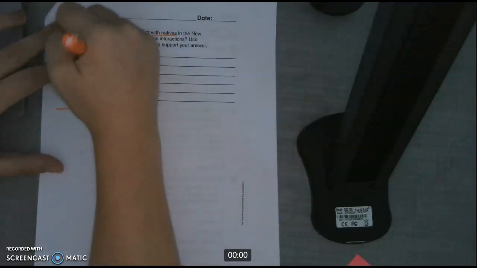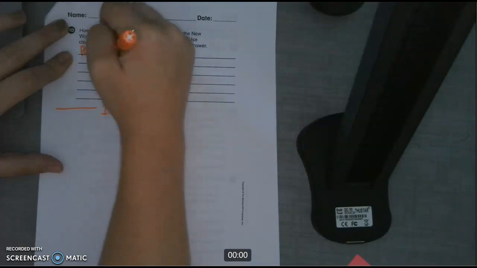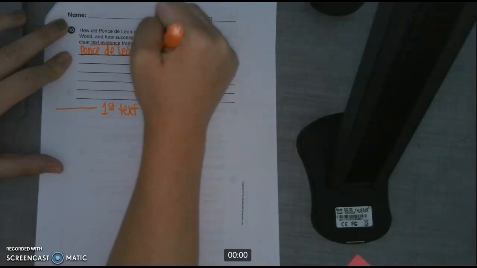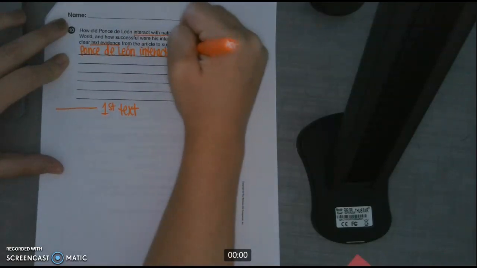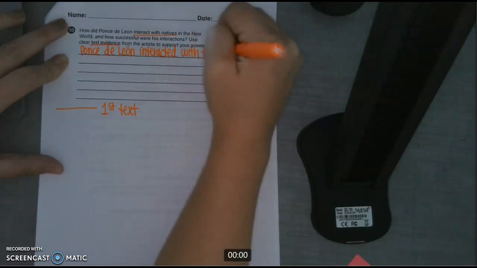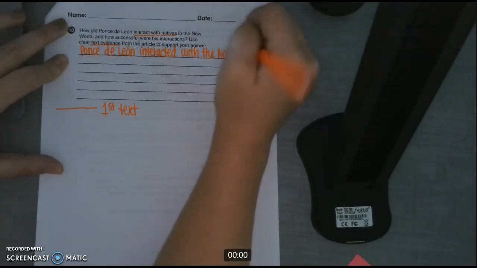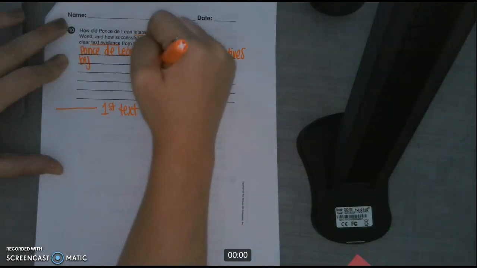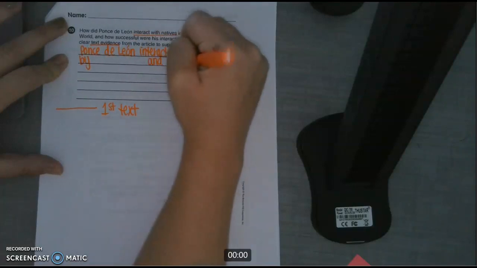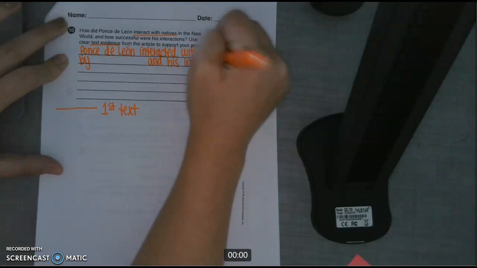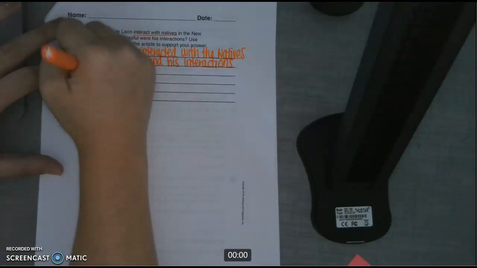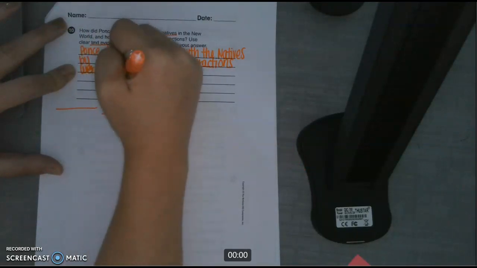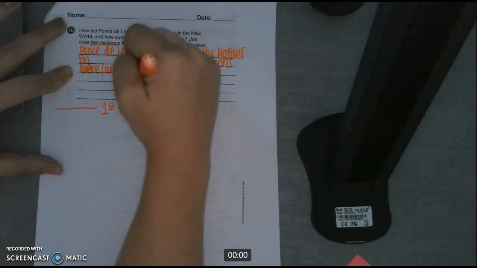So, Ponce de Leon interacted with the natives by blank, and his interactions were or were not, you choose the word there, successful.